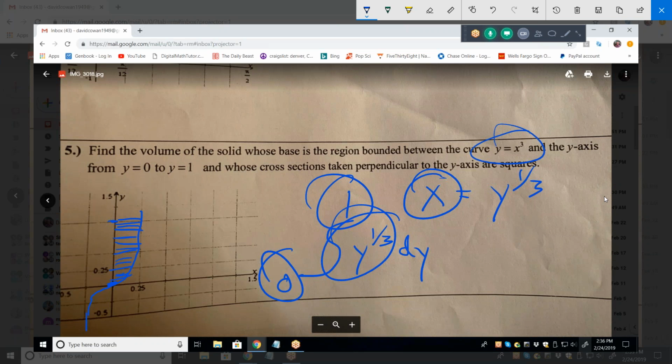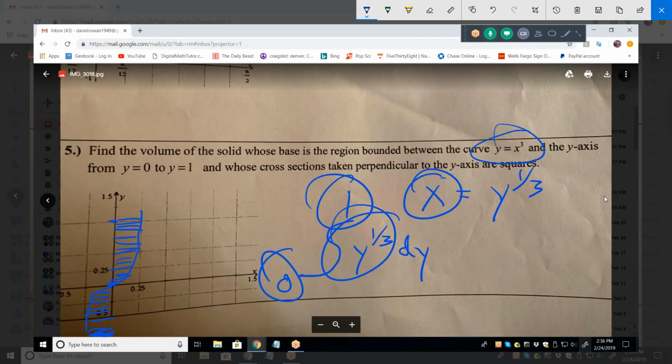Actually, in problems like this, it doesn't matter whether it's on the other side of that x-axis or not. If they'd said go from -1 to 1, we'd have had twice the volume. In other words, if they go all the way down to here with their squares, the volume of those squares is still positive, regardless of whether it's below the x-axis or not.